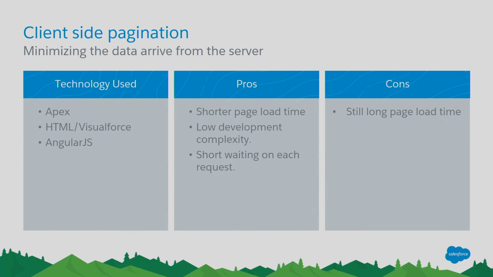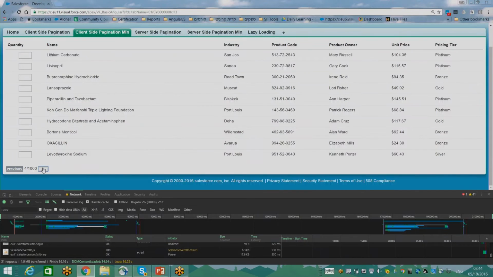It is very simple to do that. And the last pro will be the short waiting on each request, and every time that we move between the pages, it is a very short time because we have all the data already in our client. So now we move to the server-side pagination.